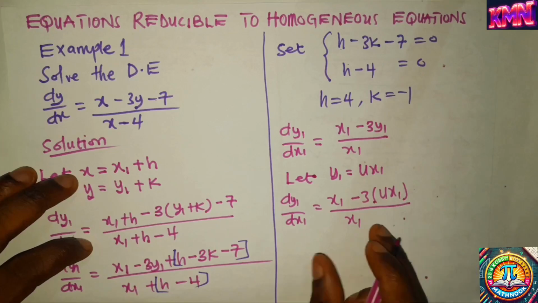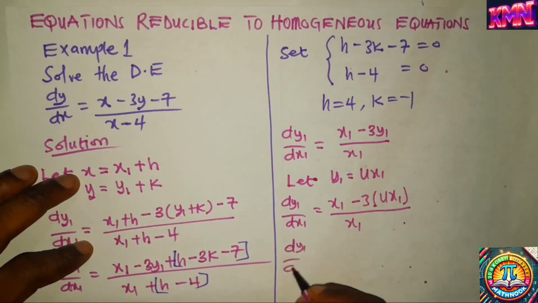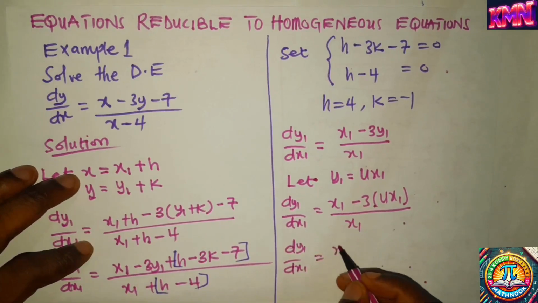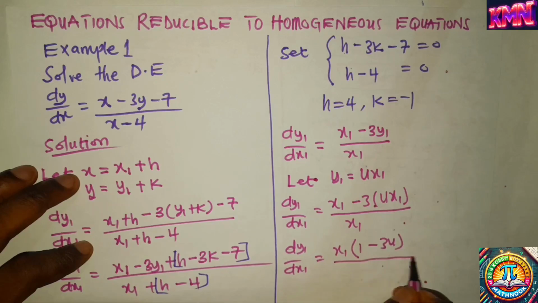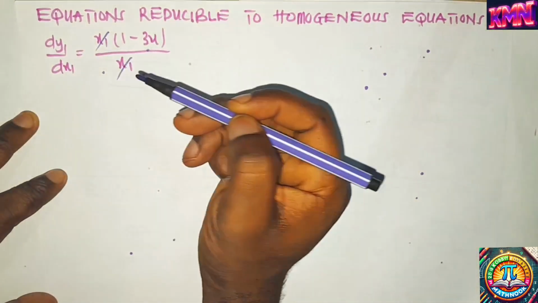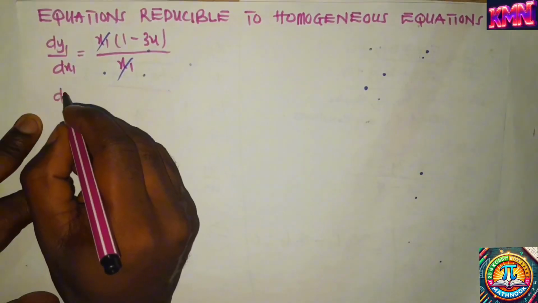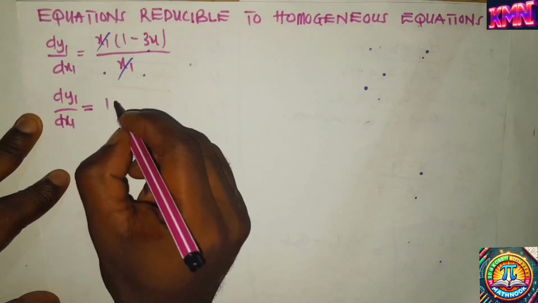So we are going to factorize as usual the x1 out. So our dy1/dx1 equals, here will be 1 minus 3u on x1. So x1 cancels x1, our dy1/dx1 becomes 1 minus 3u.